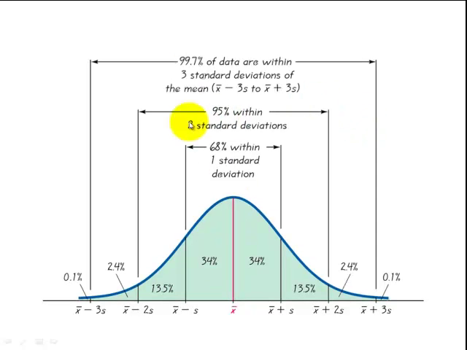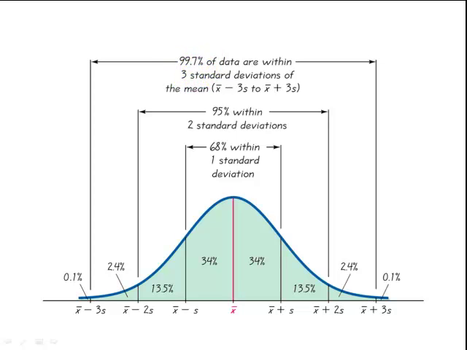And if we go three standard deviations from the mean, 1, 2, 3 below and 1, 2, 3 above, we expect this to contain almost all the data, approximately 99.7%.